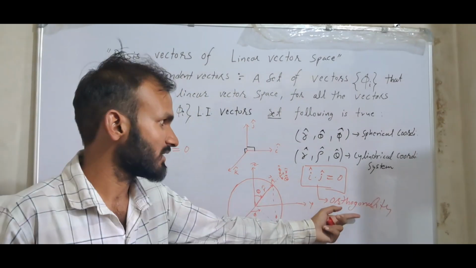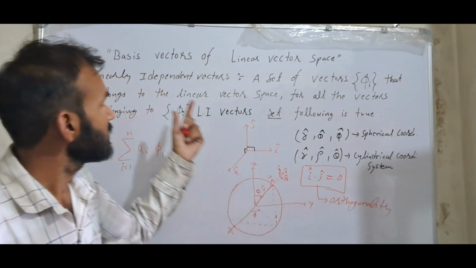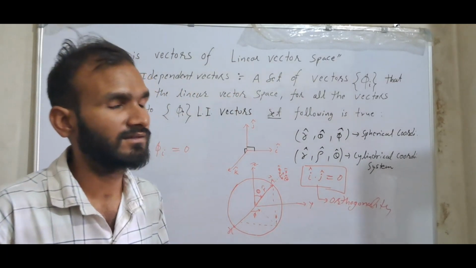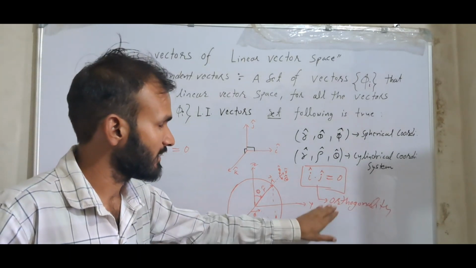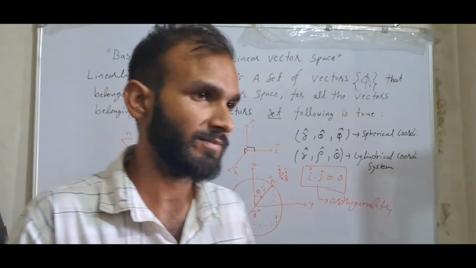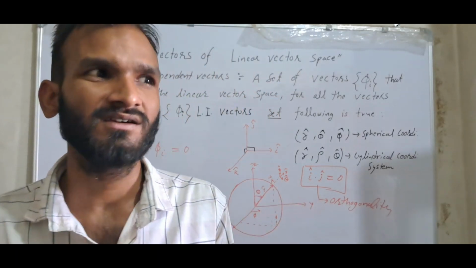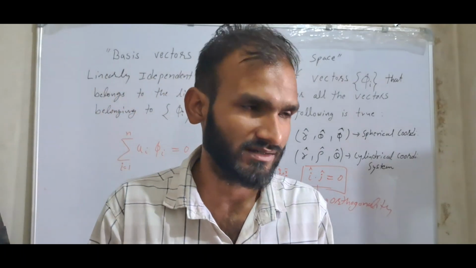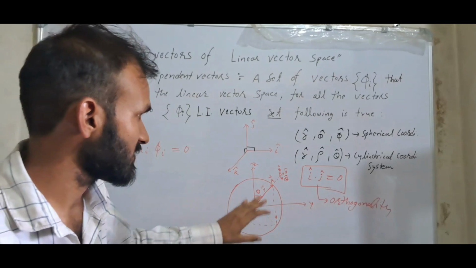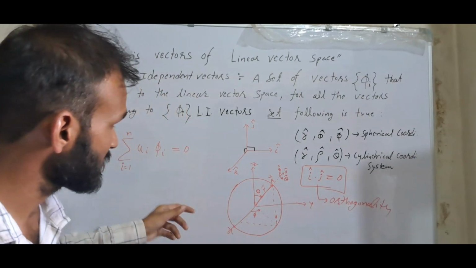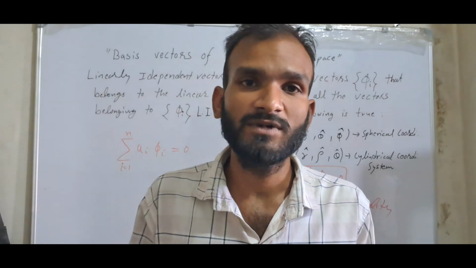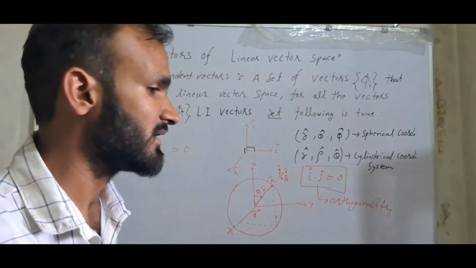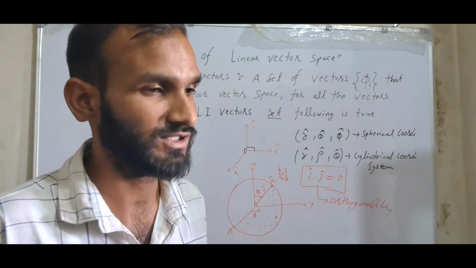After we are done with the discussion of the linear vector space and the linearly independent vectors, we will discuss the orthogonality of the linearly independent vectors. So if two vectors are linearly independent, that means they are orthogonal to each other.